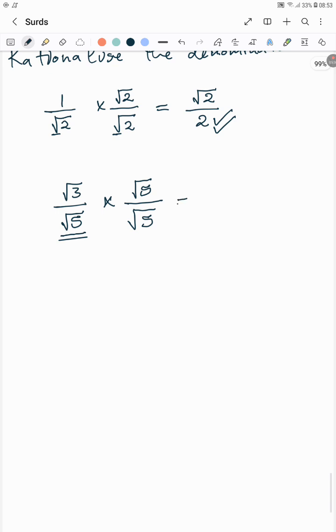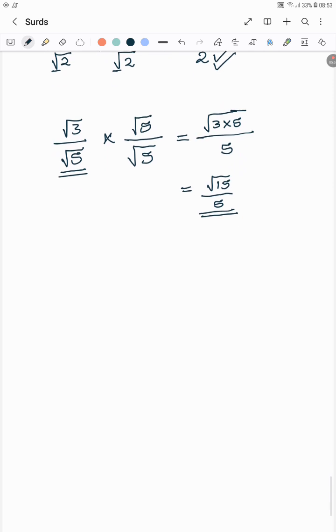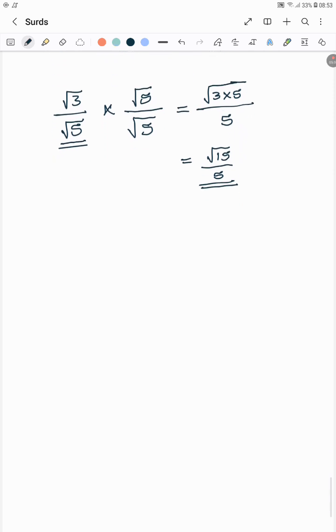This is the same as putting 3 and 5 under the same root sign, and at the bottom you end up with 5. And now 3 times 5, you get 15, so you have root 15 over 5, and this will be your final answer after you have rationalized.